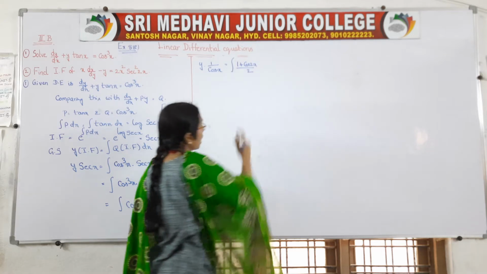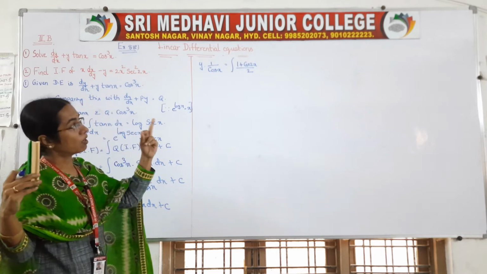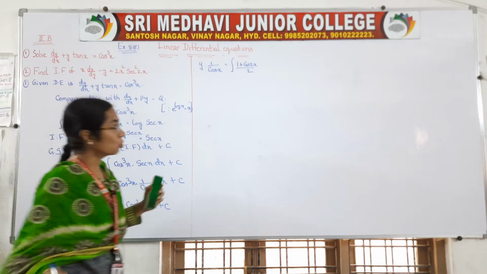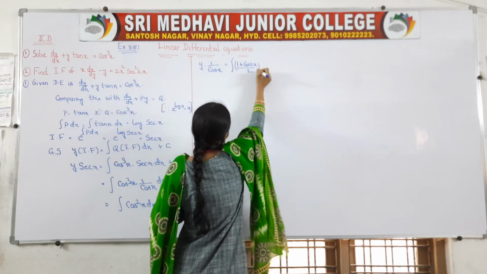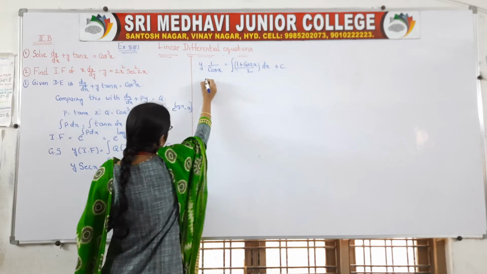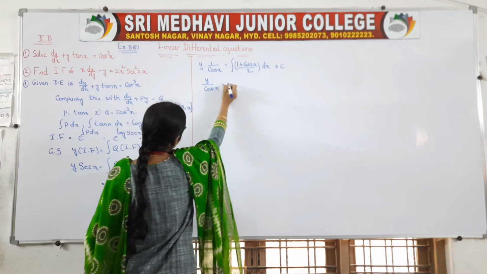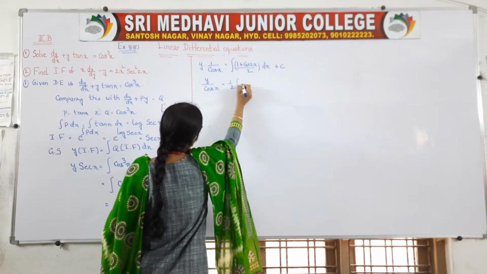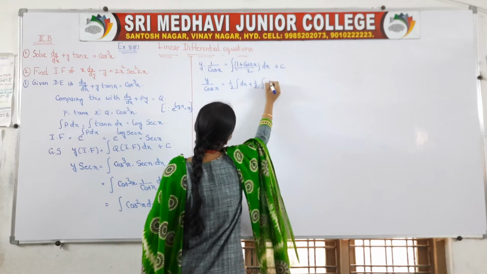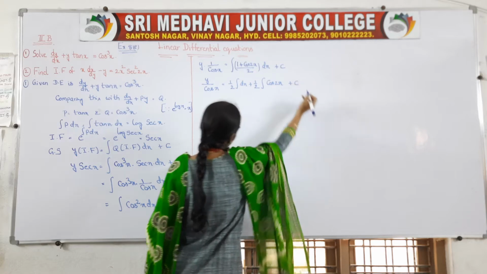There is a formula in trigonometry, right? So y by cos x is equal to 1 by 2 integral dx plus 1 by 2 integral cos 2x plus c.